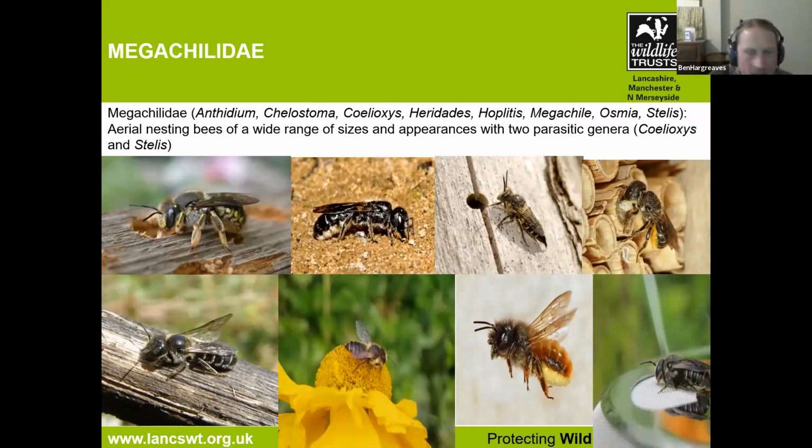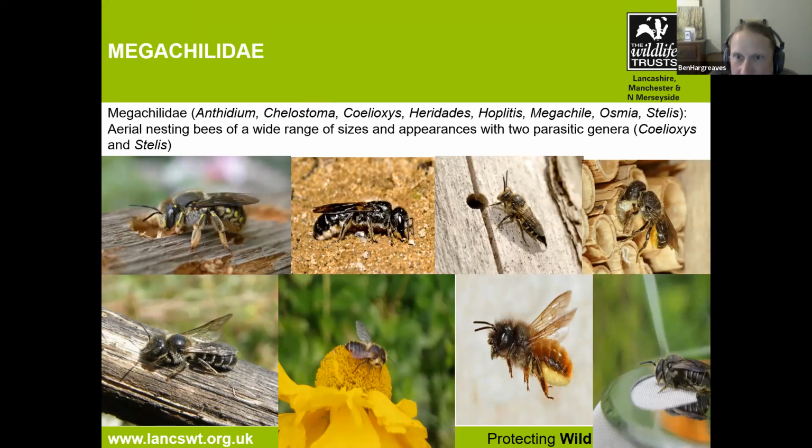So yeah, the Megachilinae, a really big subfamily, and this contains some of the probably more familiar bees, particularly the garden bees that you might have seen. They range from this Anthidium, top left, Monoptrichilostoma, Coelioxys, which is parasitic with the sharp tail here.